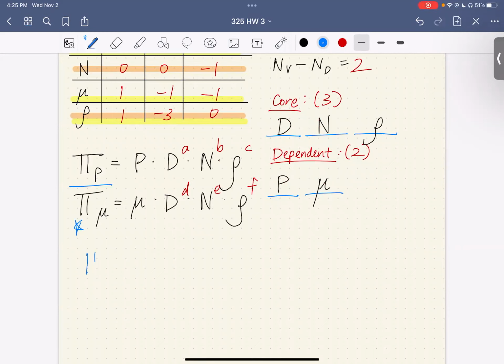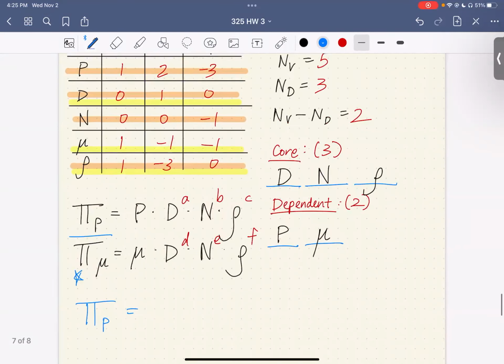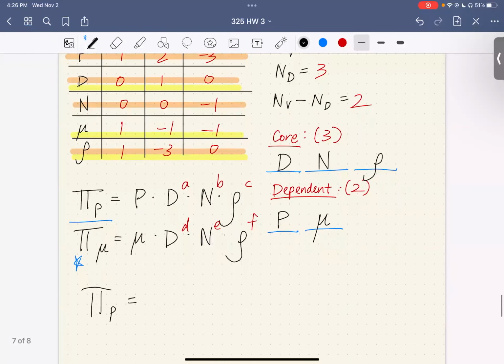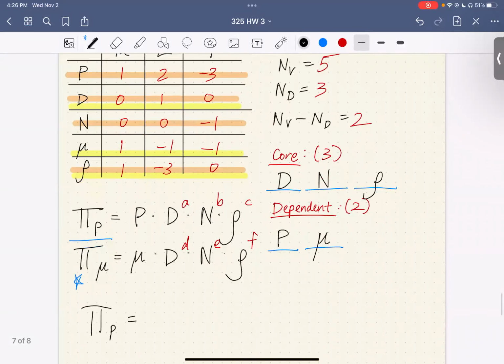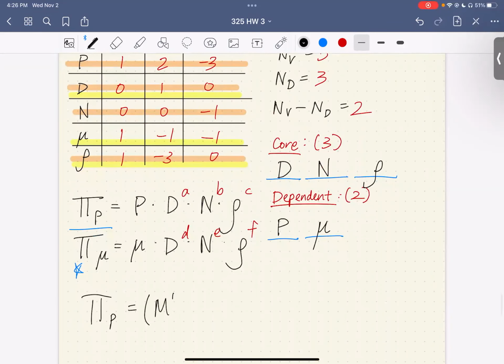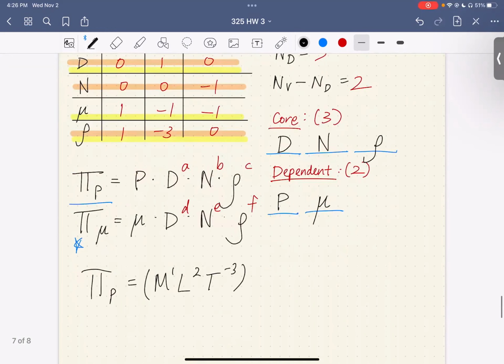So we have pi P is, let's take a look at P. I do want to use different ink. It's equal to M1 L2 T minus 3. Let's double check that, great.